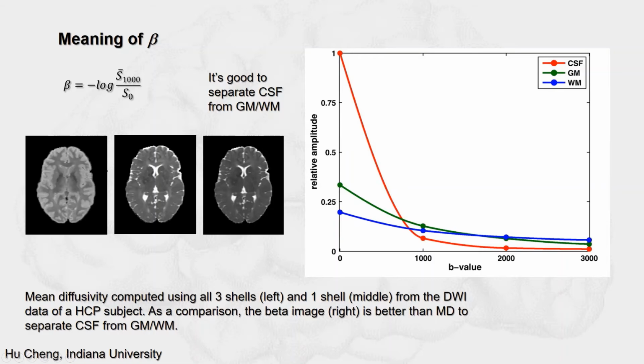Here, I'd like to remind people that mean diffusivity computed using all three shells and using one shell may differ significantly, so just be cautious. As a comparison, the beta image here seems better than mean diffusivity to separate CSF from gray matter and white matter.